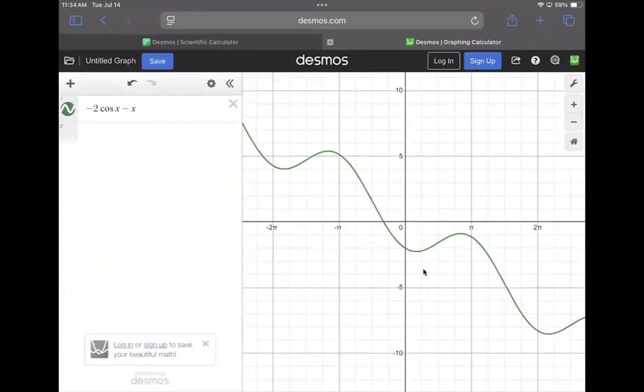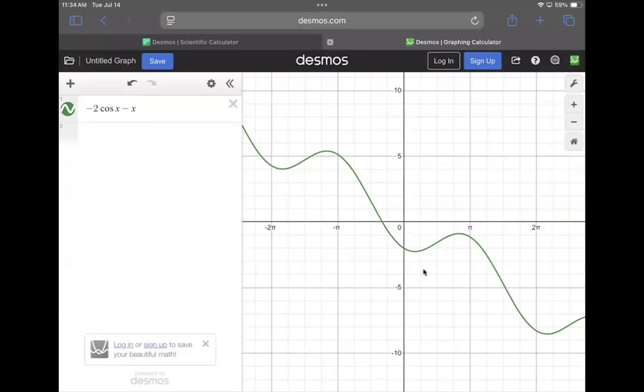In 0 to 2 pi, you see that from 0 to pi over 6, it is decreasing. Pi over 6 to 5 pi over 6, it is increasing. And then from 5 pi over 6 to 2 pi, it is decreasing. So it matches with what we found.